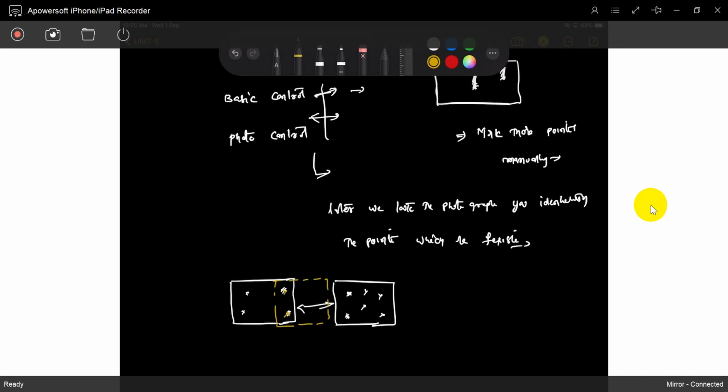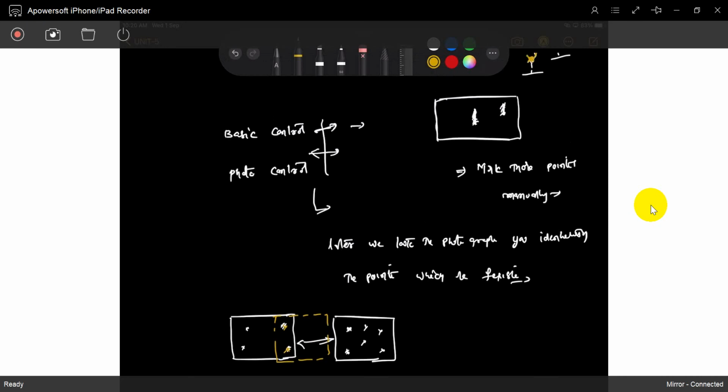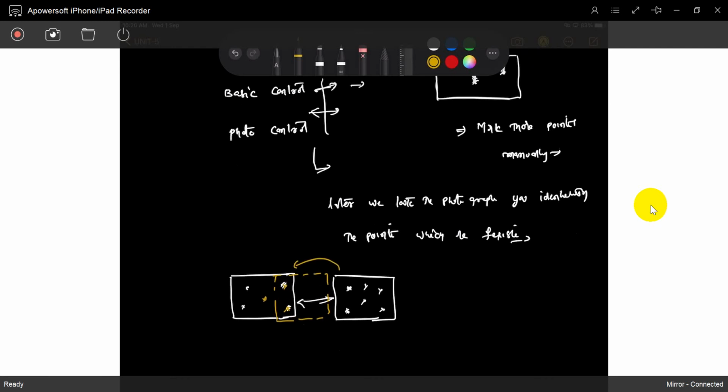No need to put marks on the points on the ground. Directly, once you took the photograph, later you can decide which points are better to identify. Those are the significant points in the photograph. You can choose those points, exactly match the other points, and assemble those photographs.